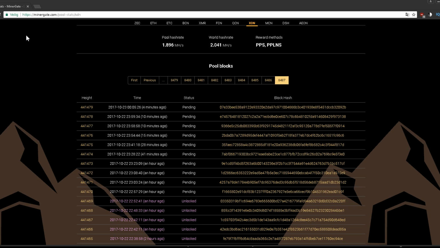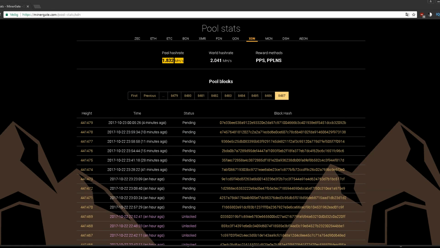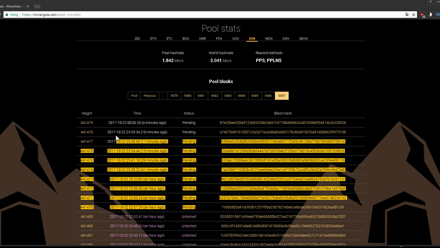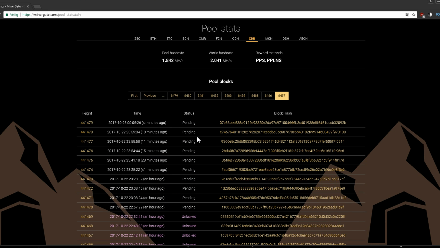What does that mean? Well, it's very simple. The bigger your pool is, the more computational power you have. You can see here, it's a lot of hash rate. That means that this pool is really fast in finding blocks. And that means that the pool gets rewards faster.